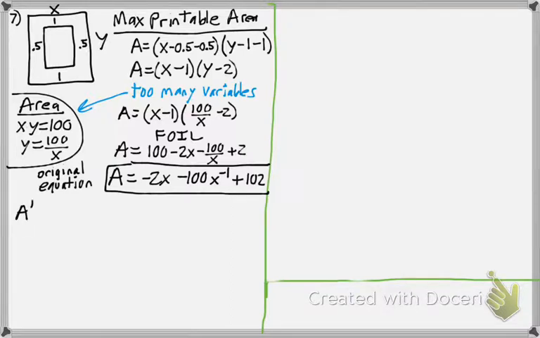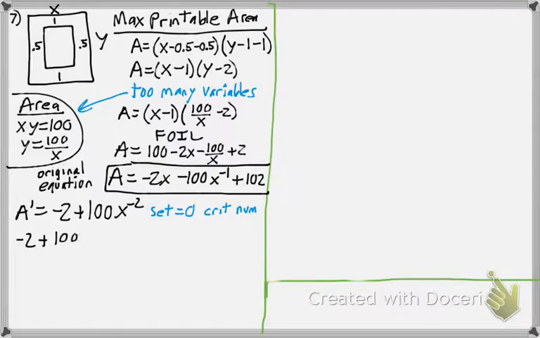So A prime is going to be equal to negative 2 plus 100 x to the negative 2, and I want to set this equal to 0 to get the critical numbers. So I have negative 2 plus 100 over x squared is equal to 0.